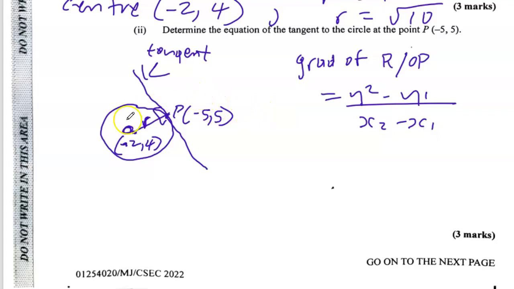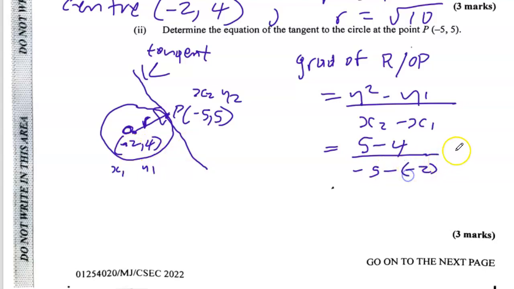Let me call this point (x1, y1) and this point (x2, y2). So in this case it will be (5 minus 4) over (-5 minus -2). So this becomes 1 over -5 plus 2, that's negative a third.